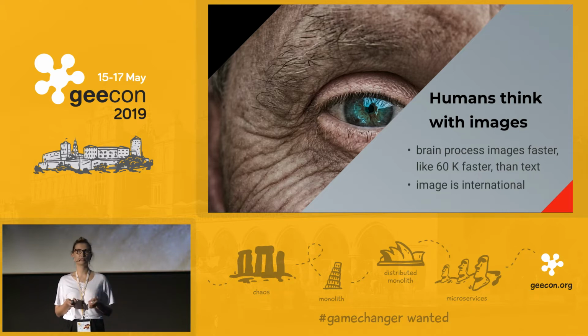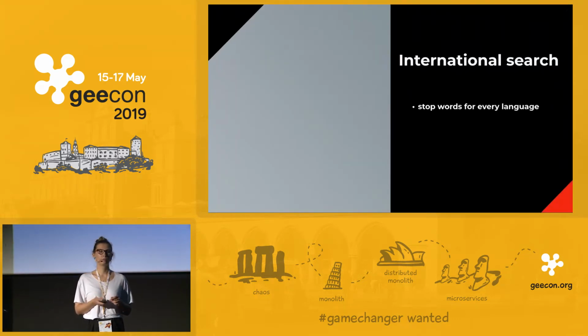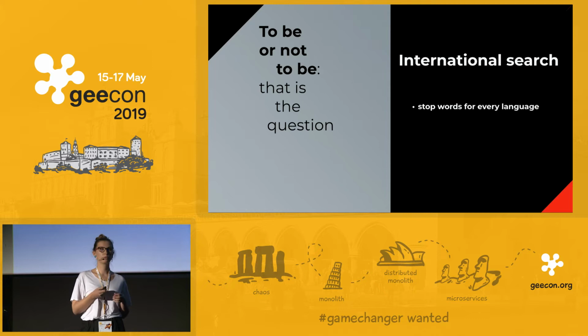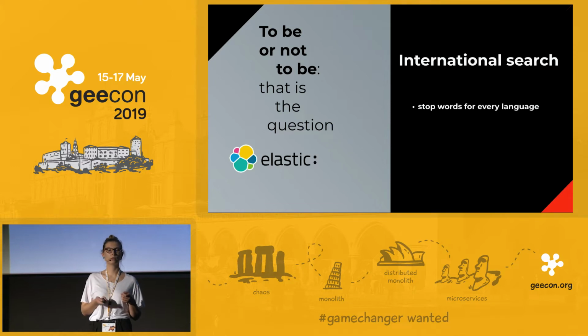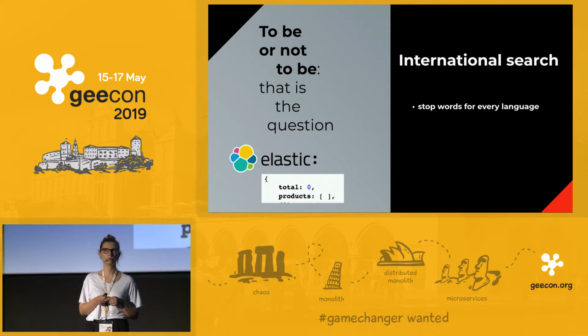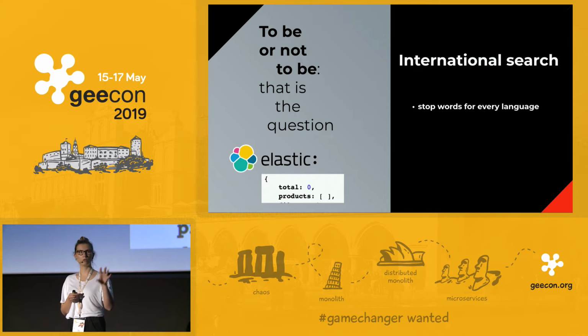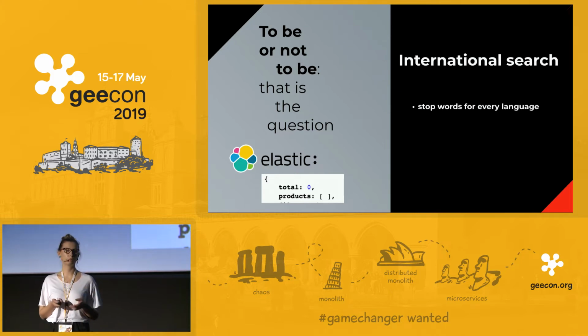And an image is international. If you ever worked with international search, there are stop words. Those are words that are meaningless. So for example, if your query is "to be or not to be", Elastic will say, sorry dude, no results, because all of the words are stop words, so they are completely ignored.